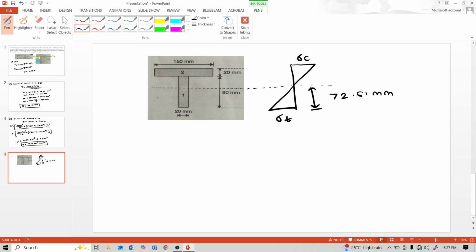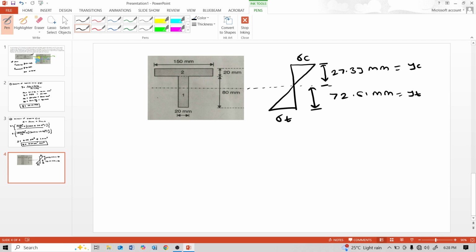And the top side distance is 80 plus 20, 100, minus 72.61. That means 27.39 mm. This is YC and this is YT.